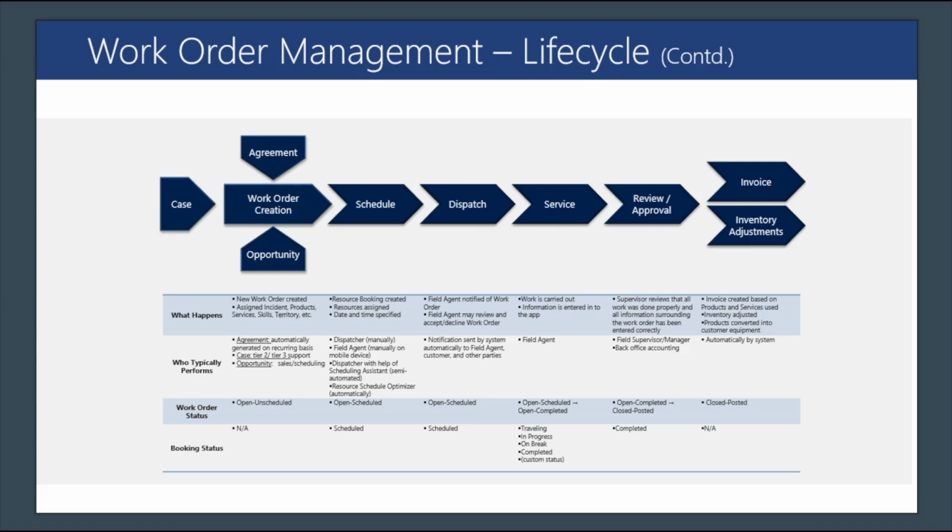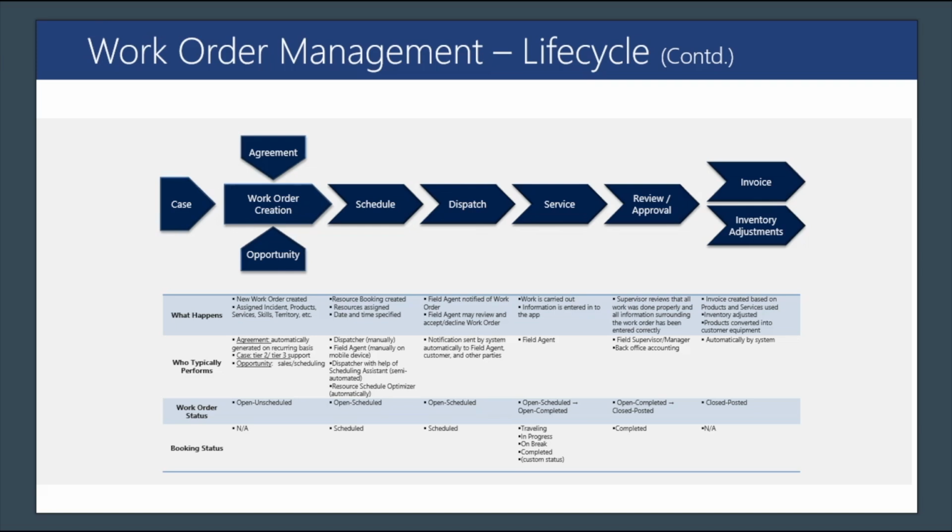You know, thinking about what happens during that step in the process, which of your personas or people typically perform those steps, what that means from a work order status perspective as the work order moves through its life cycle, and then what that might mean to the booking or appointment statuses in relation to the work order as it moves through.